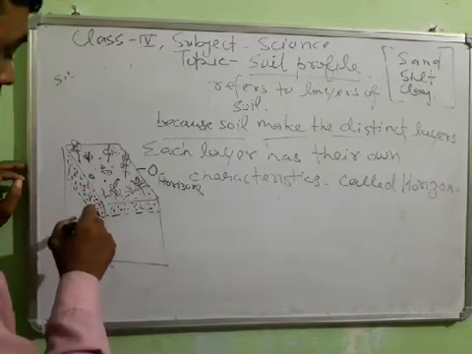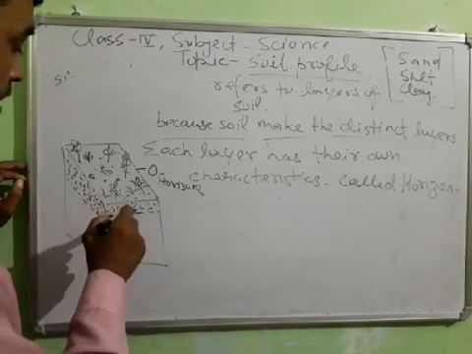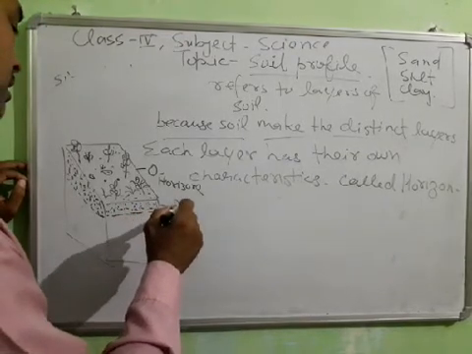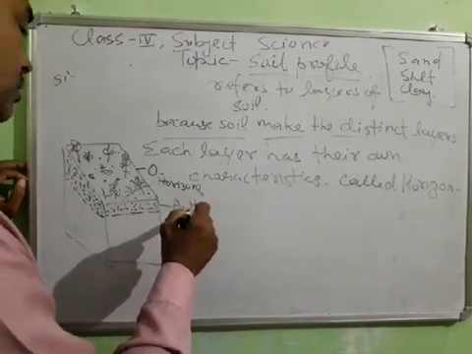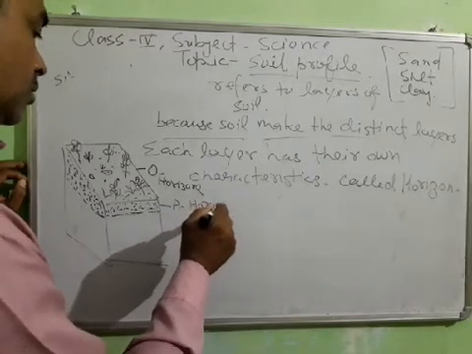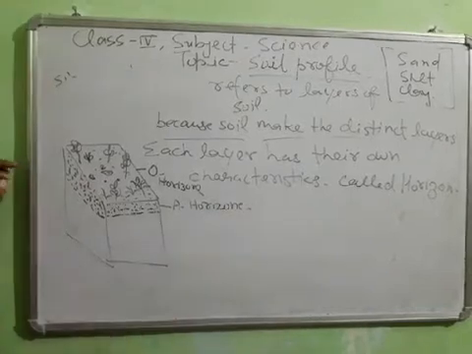Different types of soils are found in this layer. This is called A horizon.